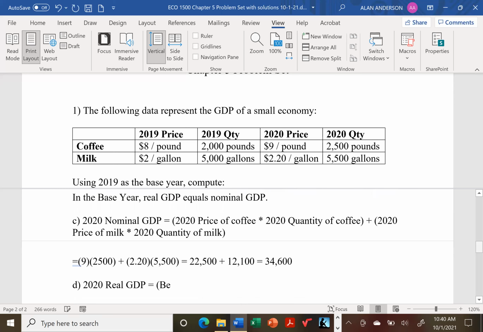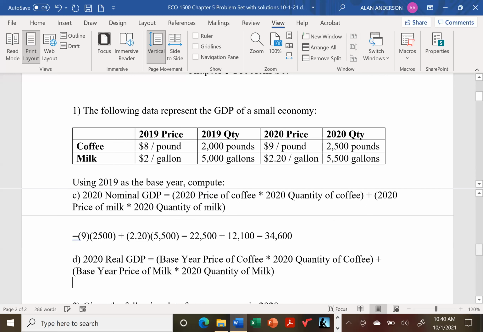and again, it's base year price of coffee times 2020 quantity of coffee plus base year price of milk times 2020 quantity of milk.